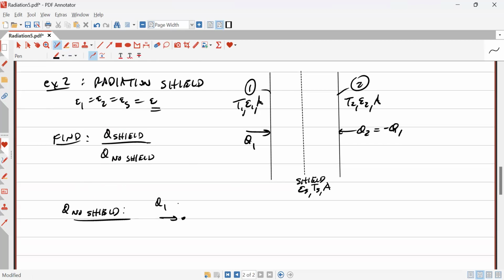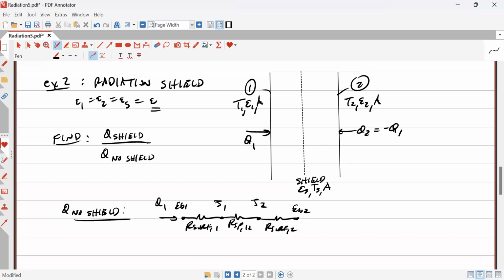So Q1 comes in, you have an EB1. Again, we have a surface resistance to get you to J1. Spatial resistance that goes from 1 to 2. Then you have the radiosity for 2, and then finally a surface resistance at 2 to get you to EB2.